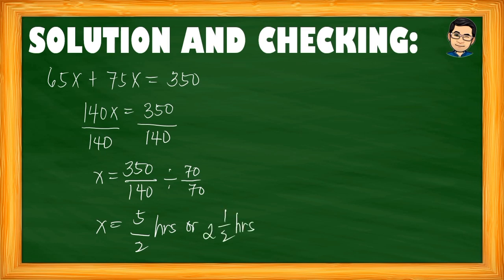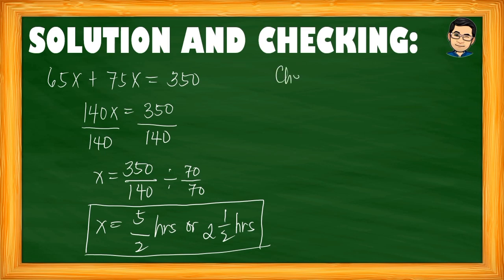So, ibig sabihin po, after 2.5 hours, so yung bus na papuntang north tsaka south ay 350 kilometers apart na. Okay, so let's check. 65x plus 75x is equal to 350.